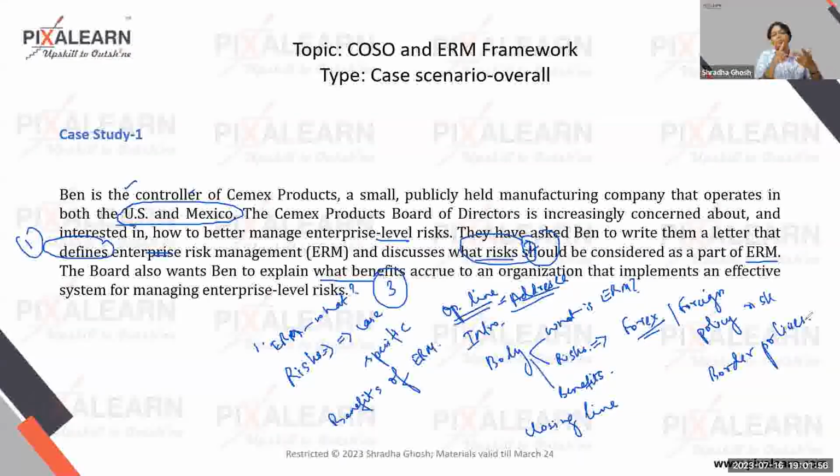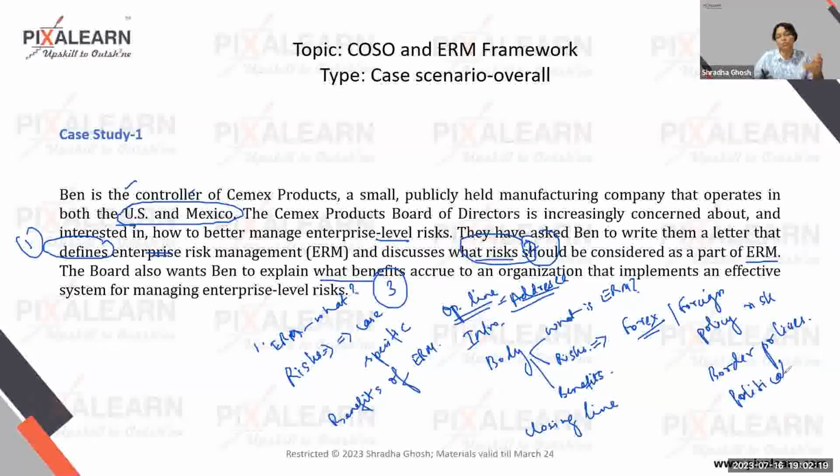So forex risk, political risk, legal risk. Also understand there was a time when Donald Trump came into the picture, and suddenly he said that we're closing all borders. So political risk, yes, Rahul, very good. Political risk will become very important. Who is going to be at the helm of affairs of US and Mexico can have an impact. So yes, more or less this is done.